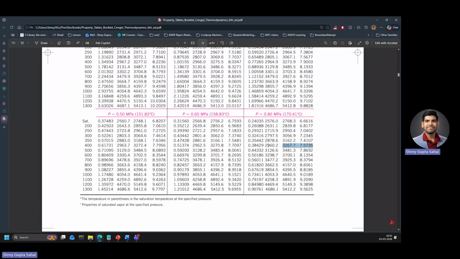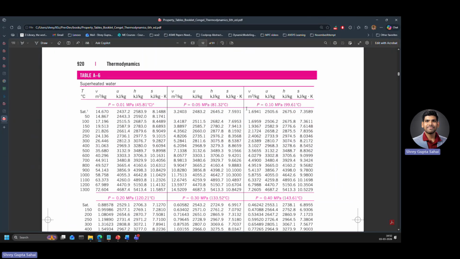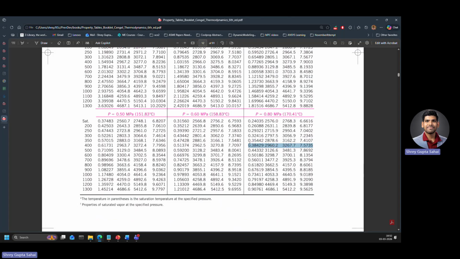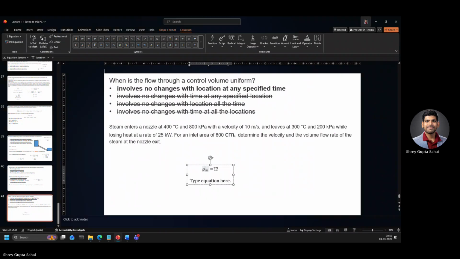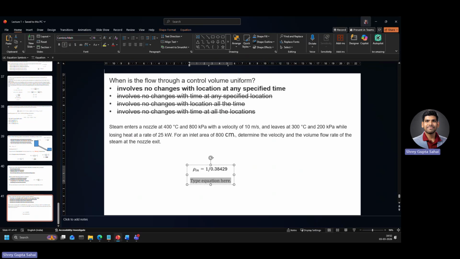This table is the important table, and it gives you the specific volume. This is the v in. So rho in becomes this. Now we know rho in, and I need to calculate volume flow rate.